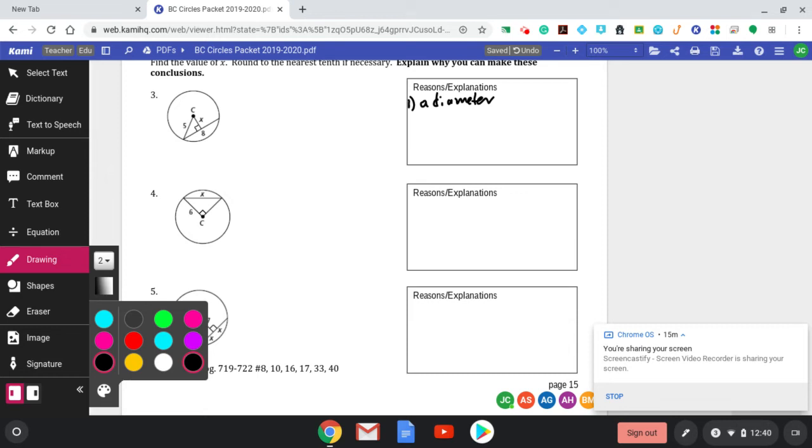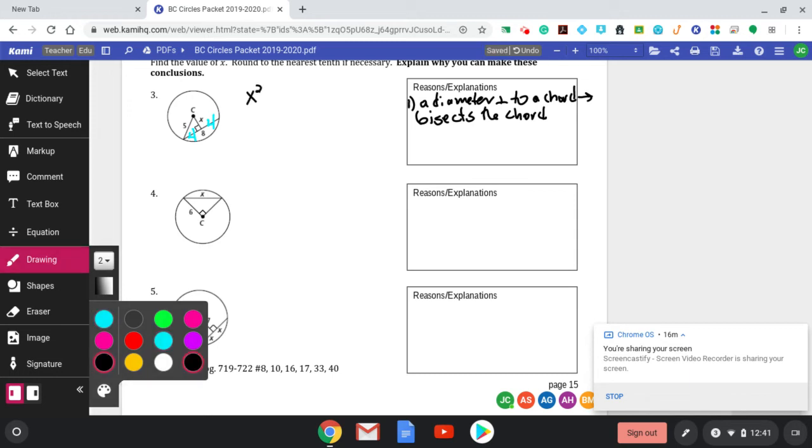So a diameter which is perpendicular to a chord implies that it bisects the chord. Now I can say each side there is 4 and 4, and now I can do the Pythagorean theorem to find x.